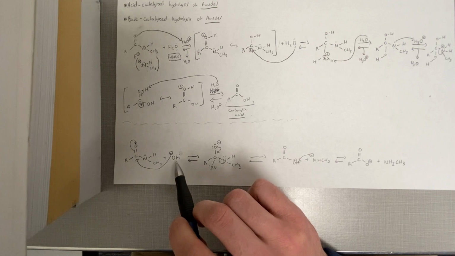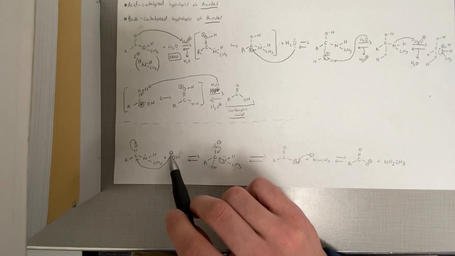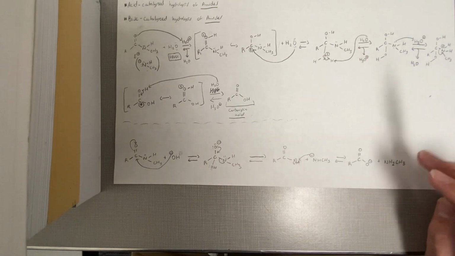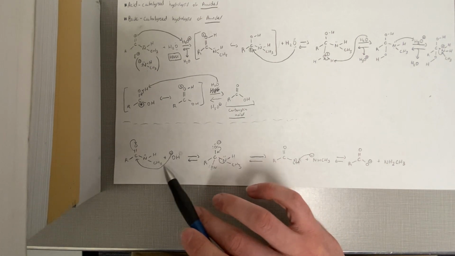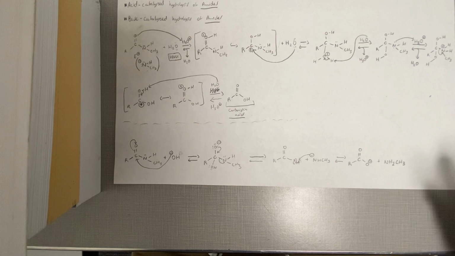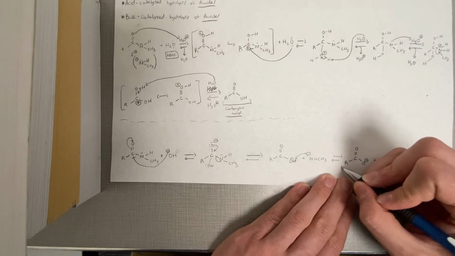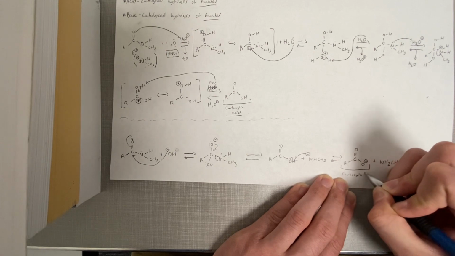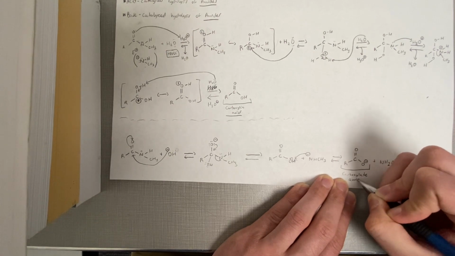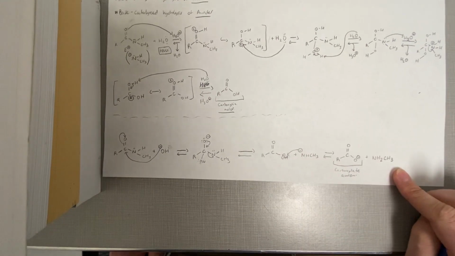If you have a strong nucleophile, then the strong nucleophile can attack immediately and start the process. But if it is an anion, if it is a strong nucleophile, then you'll obtain the carboxylate anion as a product. All right.